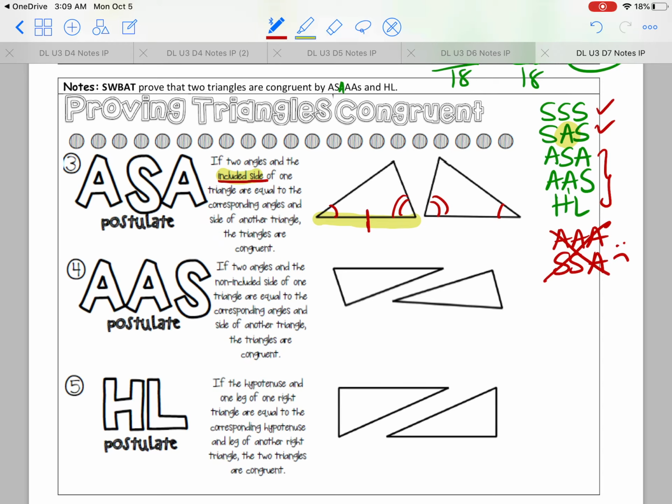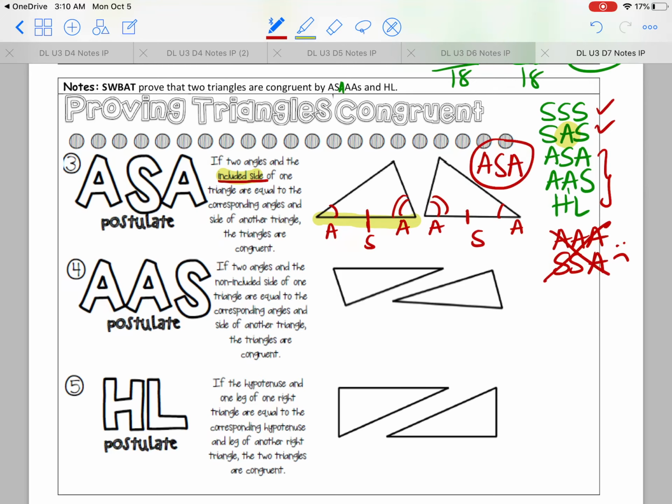So if we have a triangle, and its two angles and the included side are congruent to the corresponding angles and side inside of another triangle, then the triangles will be congruent. So this would be angle, side, angle. When I read the shortcut, I notice that these triangles are congruent by angle side angle.